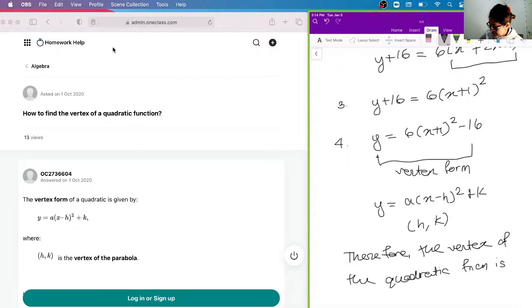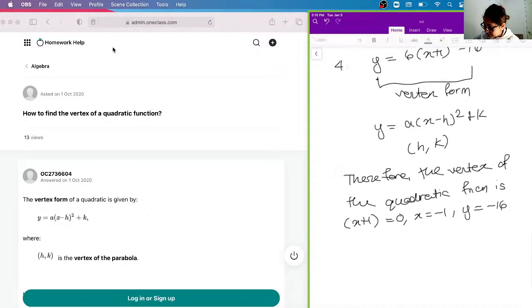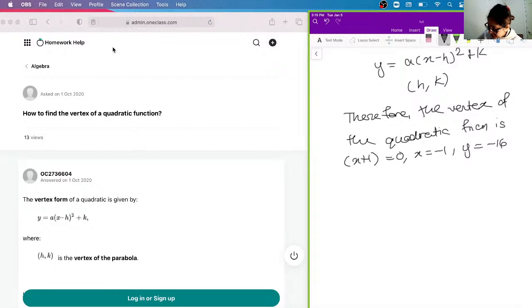is, since it's x plus 1, we would have x plus 1, right? You don't deal with the square here. x plus 1 is equal to 0, so then therefore x is equal to -1, and you have y is equal to -16. So our vertex would be -1, negative 16.